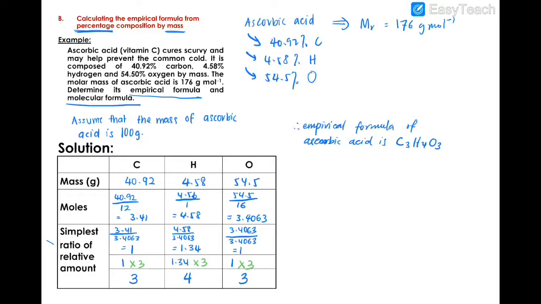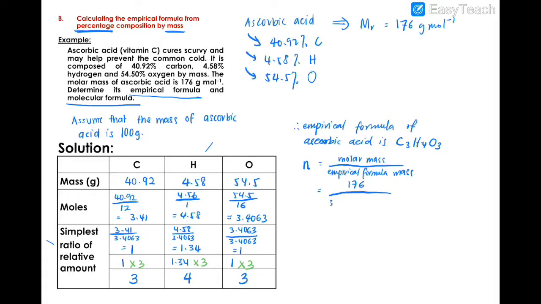So we know that kita kena cari n dahulu. Okay, so n ni tadi adalah molar mass bahagi empirical formula mass. So molar mass has been given to you dalam soalan, 176. Meanwhile, empirical formula punya mass pula kamu boleh cari sendiri based on empirical formula yang kamu jumpa.